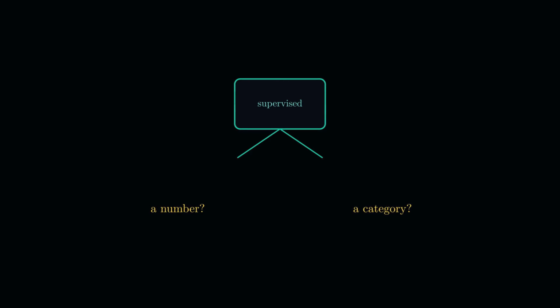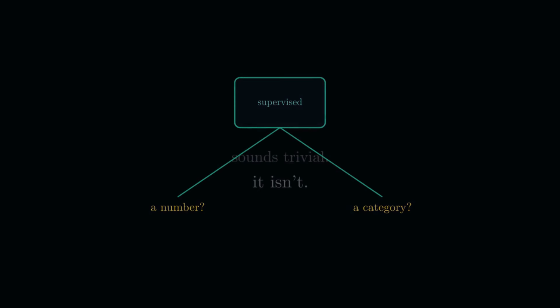Last video, we left supervised learning standing at a diversion. Is the thing you're predicting a number or a category, like not spam or spam? Now, it almost sounds quite trivial, but it actually isn't.